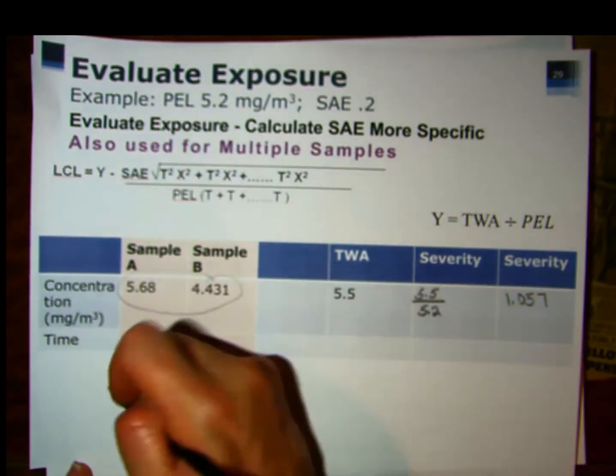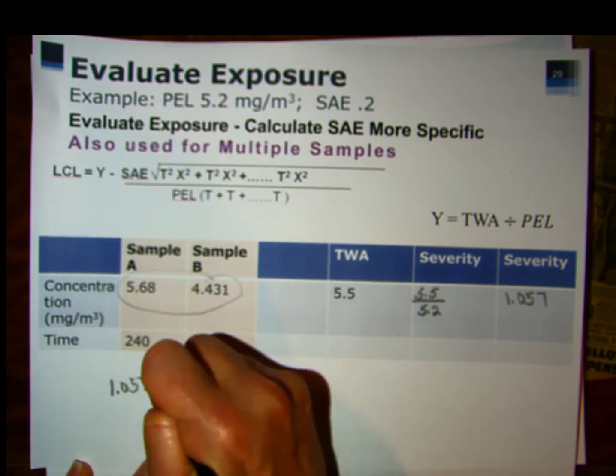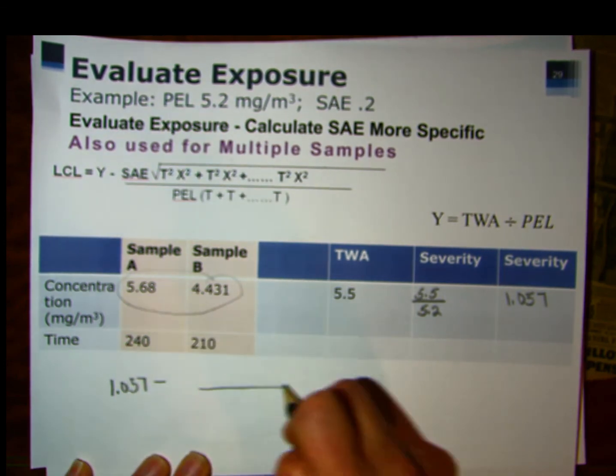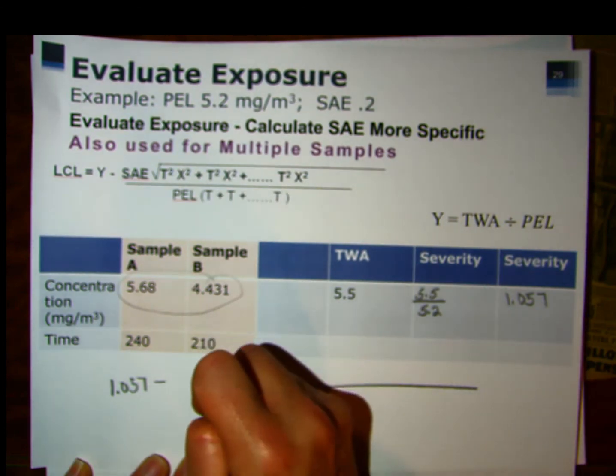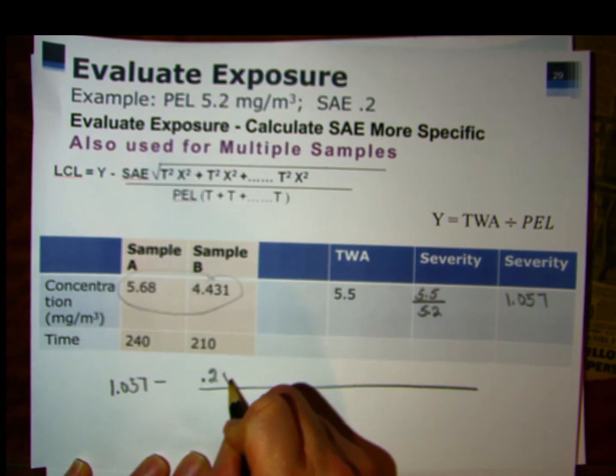So our severity is 1.057 minus our standard analytical error, which is 0.2. Again, we got that from the lab.